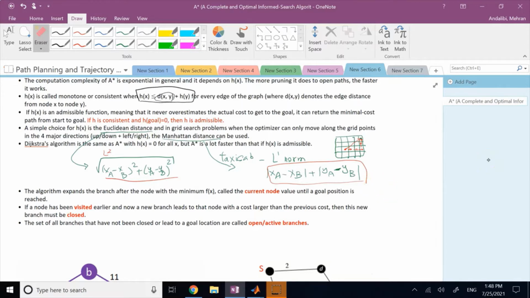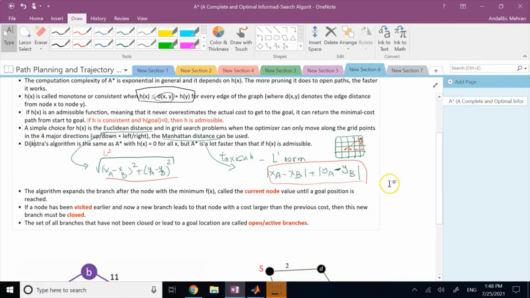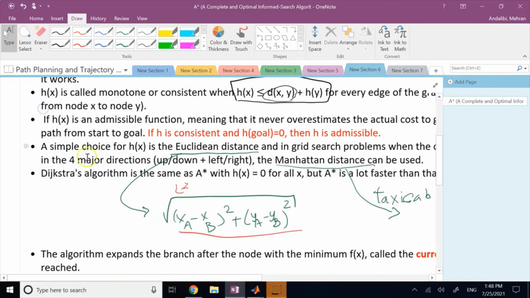One other thing I mentioned, and then we get into the explanation of the algorithm and solving a couple of problems. There is an algorithm in the literature that you can see. It's called Dijkstra's algorithm. As far as I checked, the way you pronounce it, the J is not pronounced.